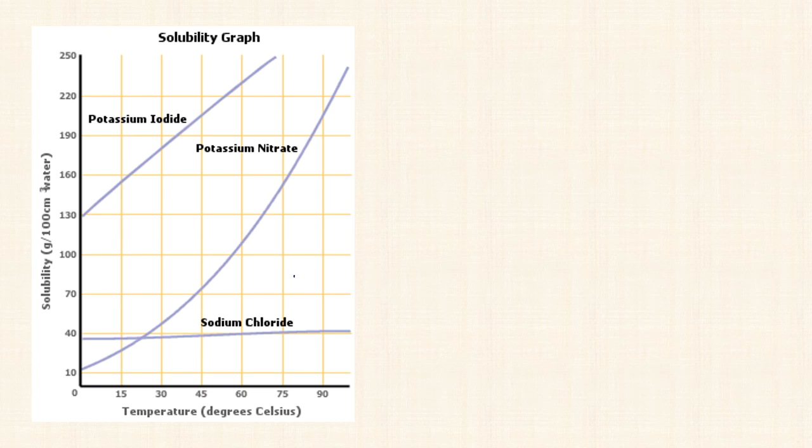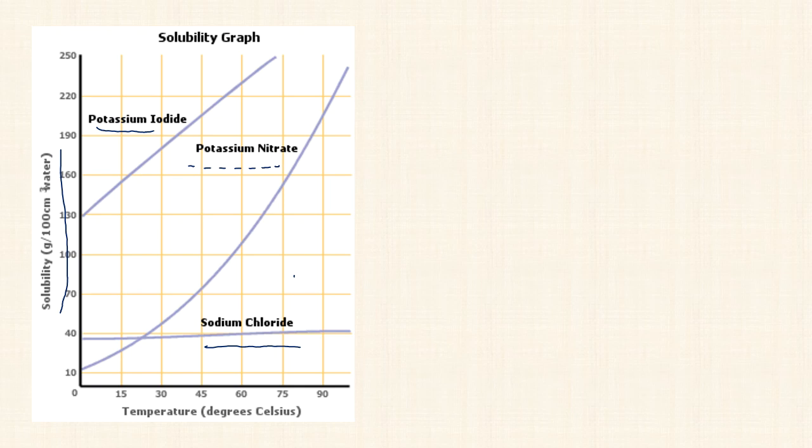It's going to tell us about potassium iodide, potassium nitrate, and sodium chloride. On the y-axis, you can see the solubility, in grams per 100 centimeters cubed of water, or grams per 100 milliliters of water. And the x-axis says temperature.